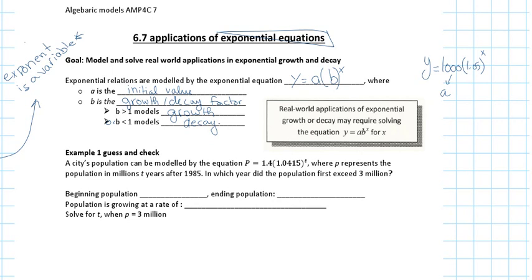In the bracket. So this is your b value. And is it considered a growth or a decay? Growth. Is it greater than 1? Yes. So it's called growth, because it's bigger than 1.